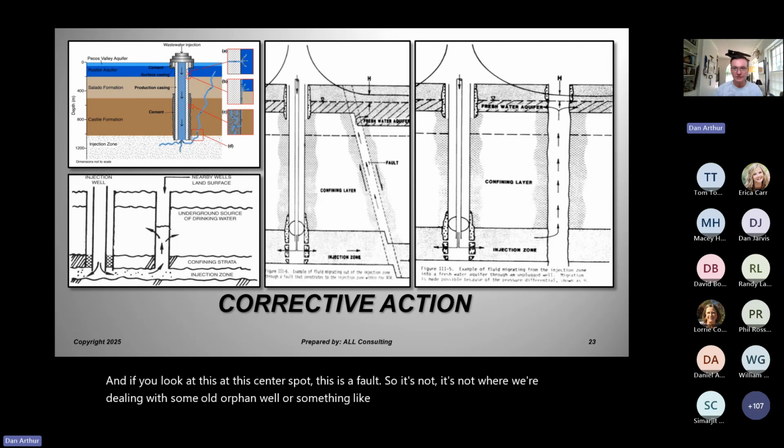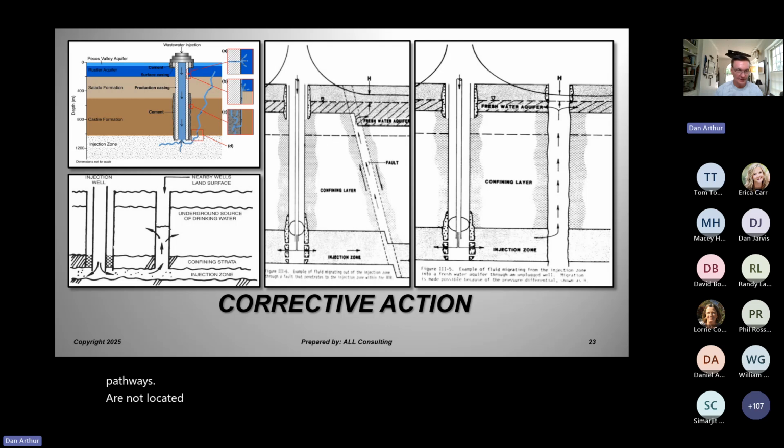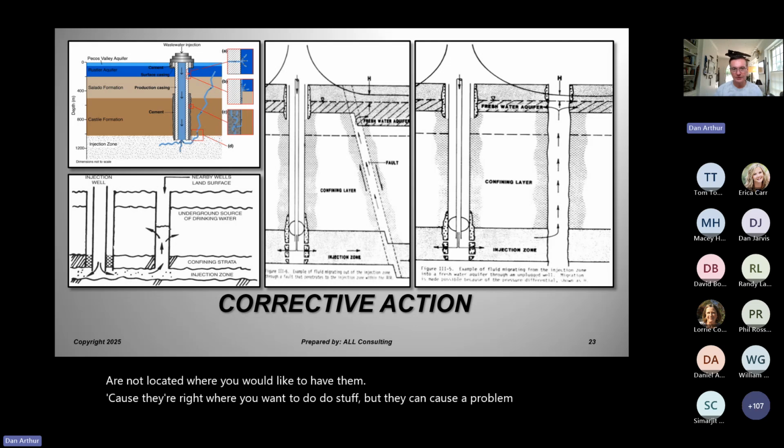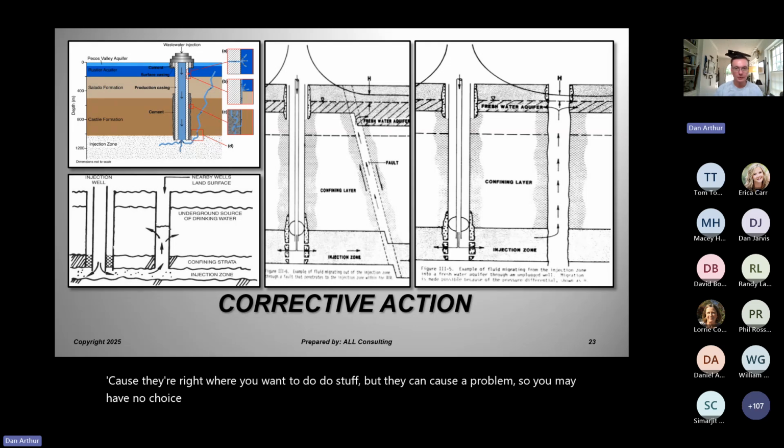You can have issues where there are known natural geologic pathways that you want to avoid, and sometimes those natural pathways are not located where you would like them to be, because they're right where you want to do stuff, but they can cause a problem. So you may have no choice but to move or adjust your operations.